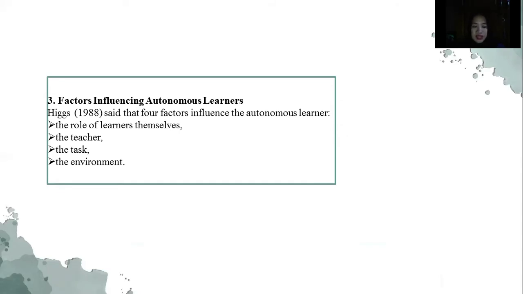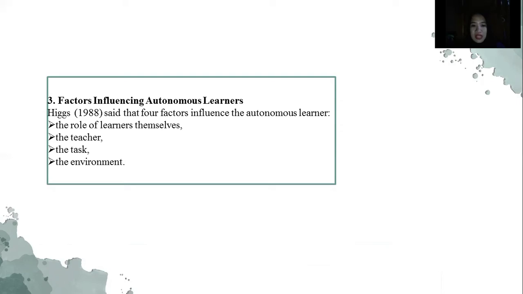And then teachers. The role of the teacher in learner autonomy: the teacher-student relationship is crucial. The teacher has an important role in helping students to learn about the process involved in learning.